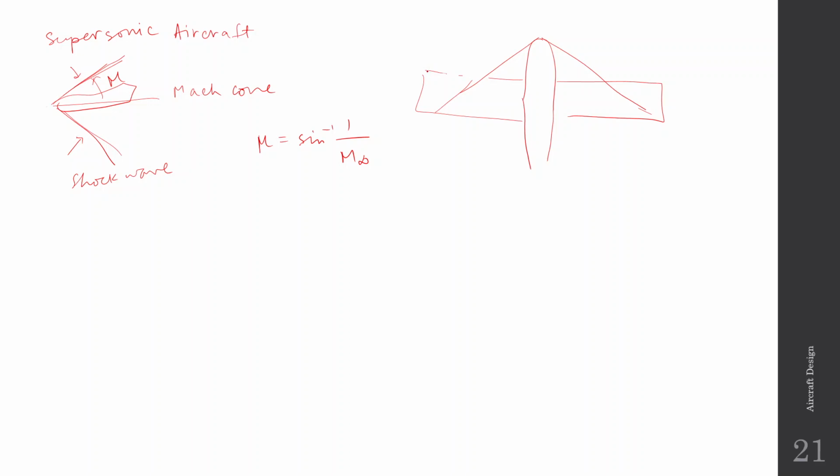Okay, so this part of the wing and this part of the wing is on the other side of the Mach cone, and these sections are going to experience loss of lift and a lot of drag. So in this section your drag is higher and lift is lower. Okay, but inside the Mach cone over here, the lift and drag are normal, so the drag is lower and the lift is higher. So what we can do is we can sweep the wings.